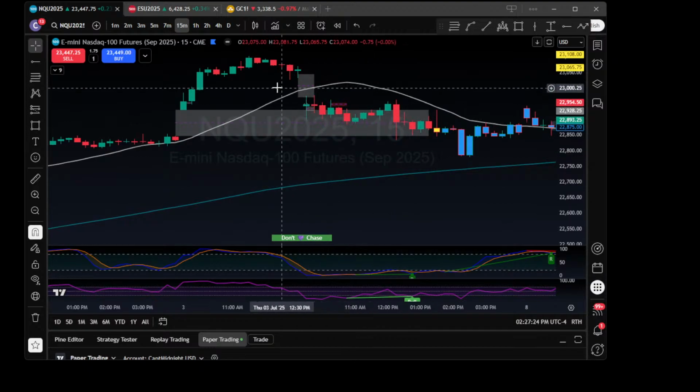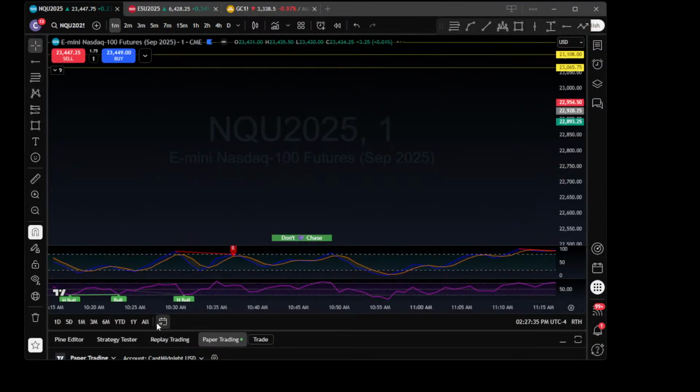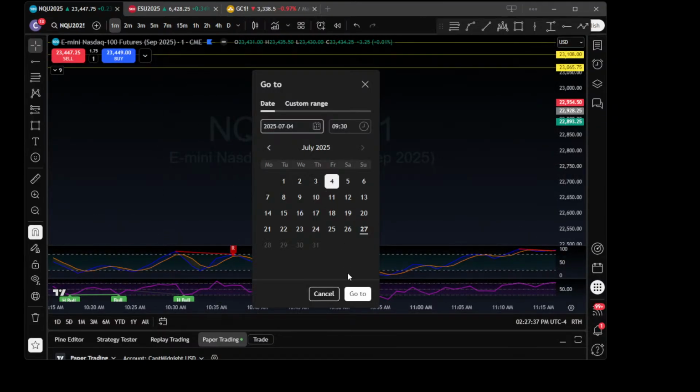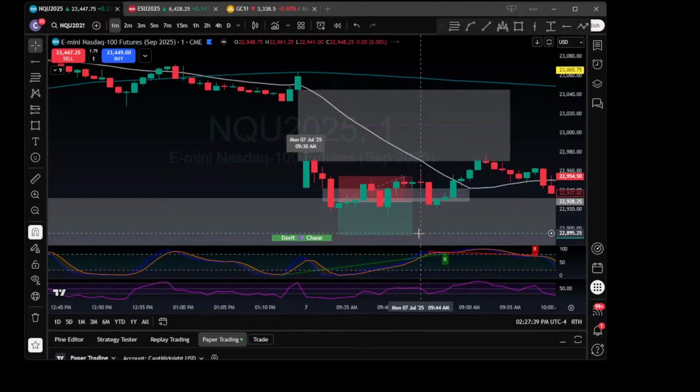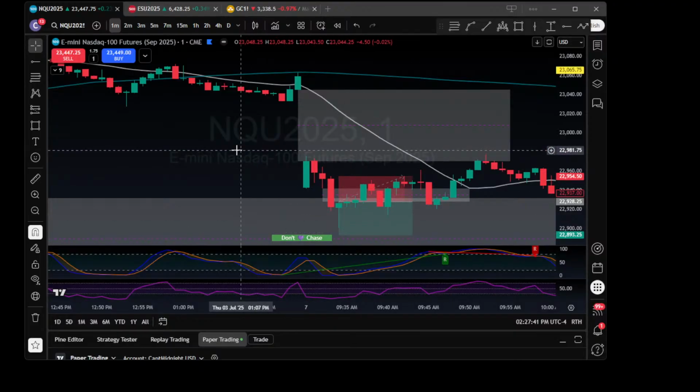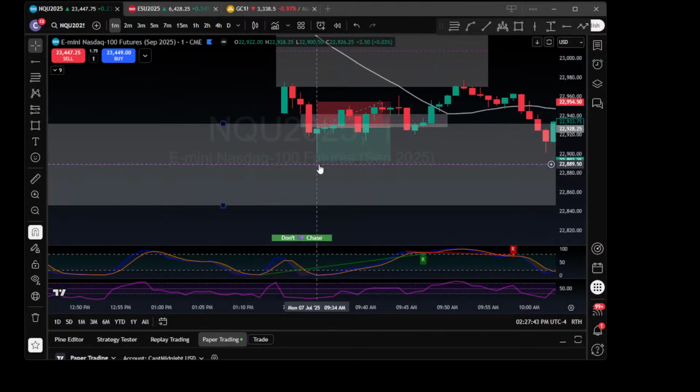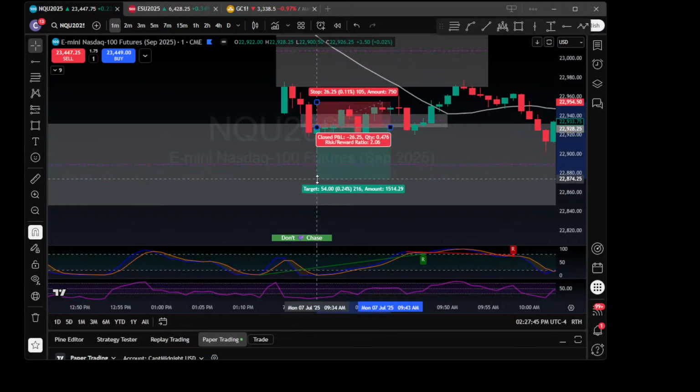Gotta take everything in its entirety. You want to say failed. It's gonna go back to this gap here, 50%, right?